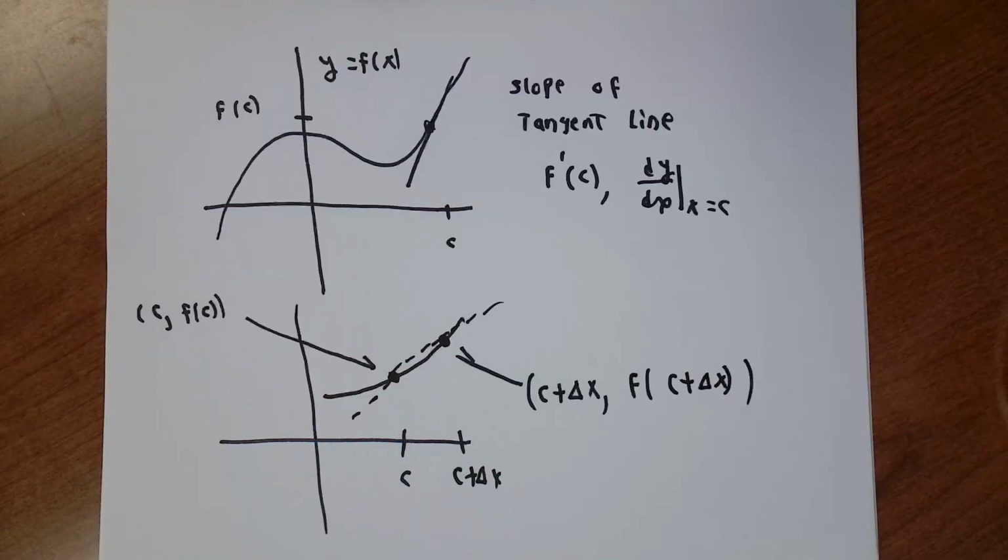You imagine that you have some small number delta x, and that you look at the graph of the function at x equals c and also at x equals c plus delta x. The y-coordinate at this new point is function f evaluated at the x-coordinate c plus delta x. Since we have 2 points, I can calculate the slope of that line, which, while not the line that I'm actually after, isn't too different from it if the delta x is small.